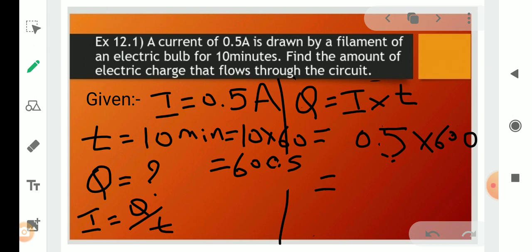So which is equal to, how much it is? It is equal to 300. 0.5 into 600, which is equal to 300 coulomb.